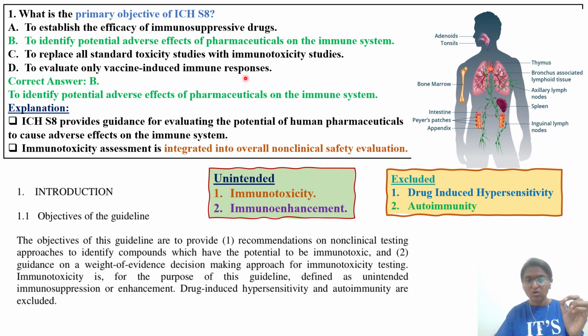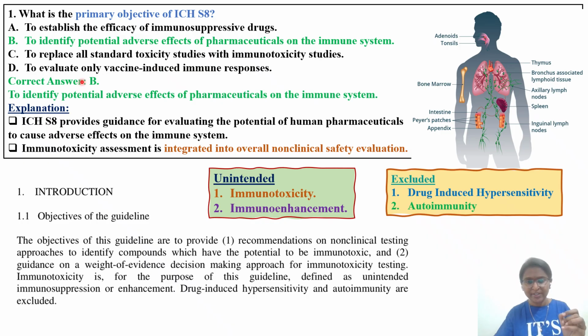So to replace all standard toxicity studies with immunotoxicity studies, no. Immunotoxicity study will be an add-on to the existing battery of toxicology studies. You have to remember that, because we have to apply the 3R principle.